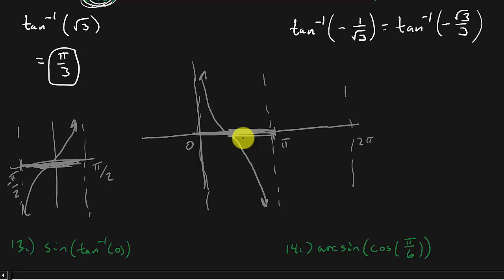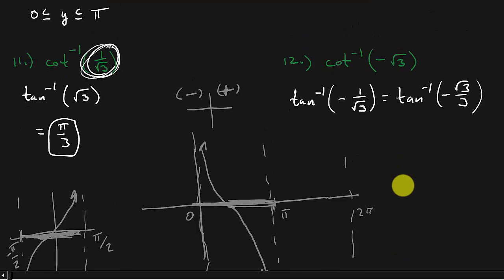You see how tangent and cotangent is positive in the first quadrant, negative in the second. This is a negative. You see that negative? Well, the negative here means we're in the second quadrant for cotangent because we're between 0 and pi. You see that?